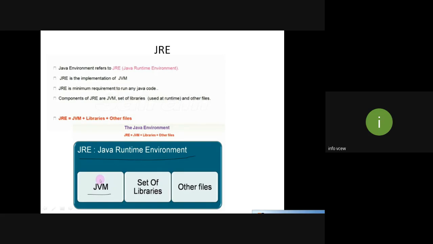Okay, do you understand? What is the difference between JRE and JDK? Did you see the difference? JDK combines JRE and JVM. JRE is a combination of JVM and a set of libraries, so JRE can execute any type of Java application. Can you be clear about that?